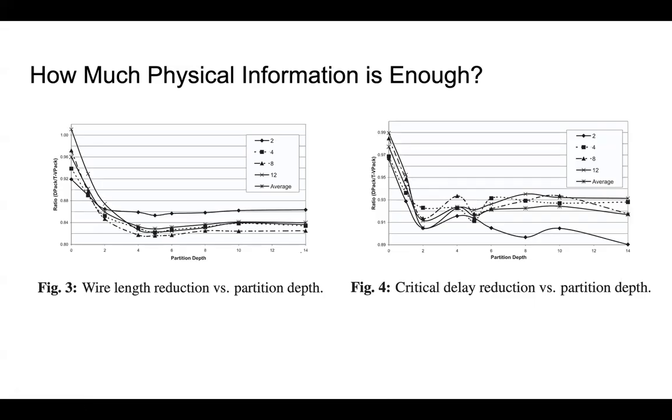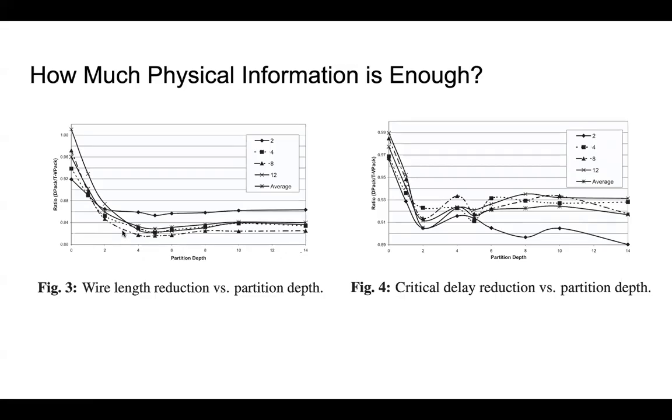So you have 2 to the power of 4, I think, or maybe 2 to the power of 5, I might be off by one, but you get 2 to the power of 4 partitions for partition depth 4. They see that there are very diminishing returns here.